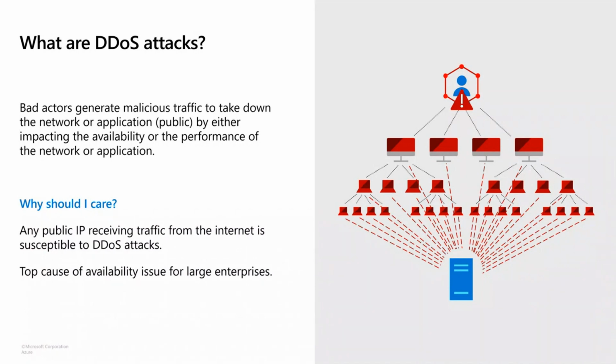If you look at the picture on the right side, all these red icons are devices. They could be bots. They are devices sending unwanted traffic to the server sitting below. Now, the server has... Are you able to see my screen? Yes, we can see. Okay, so servers have limited resources of CPU and memory.